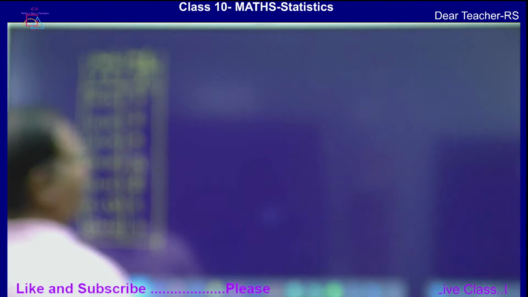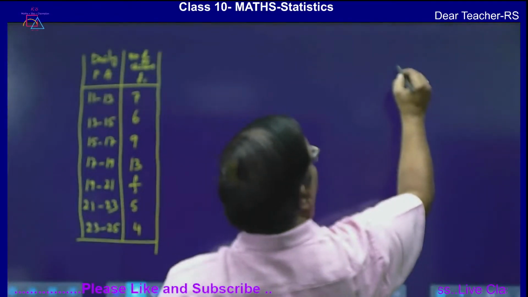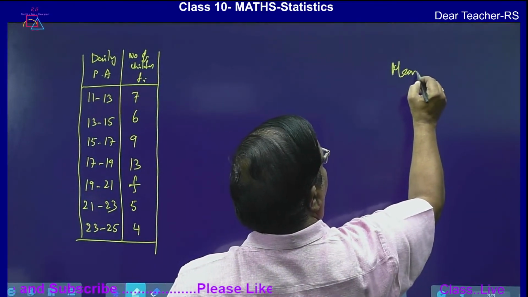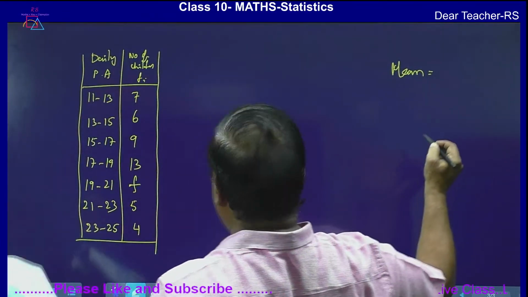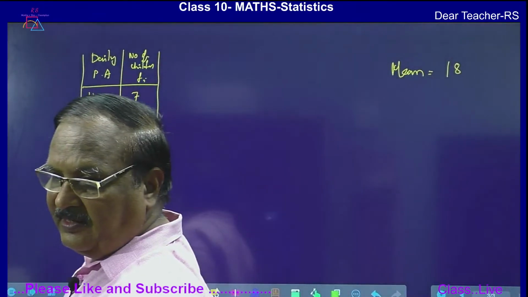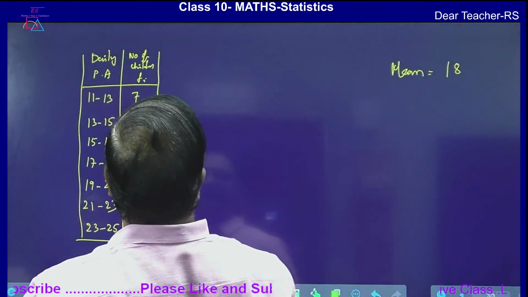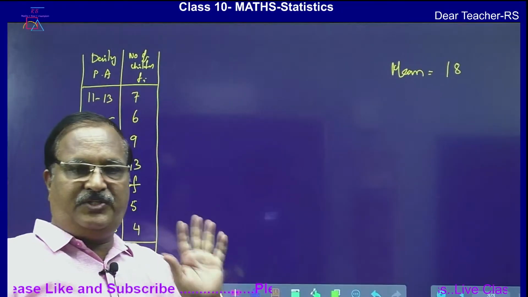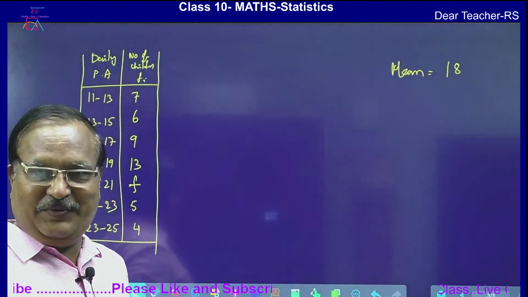Okay. So mean is given. Mean is equal to how much? 18. Mean is rupees 18. So mean is given. You have to find out the missing frequency. Important question. One of the important intelligent questions.